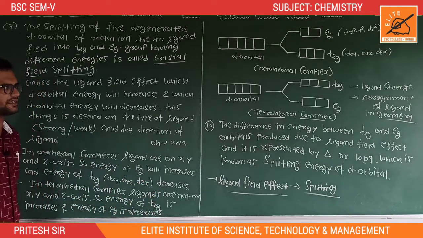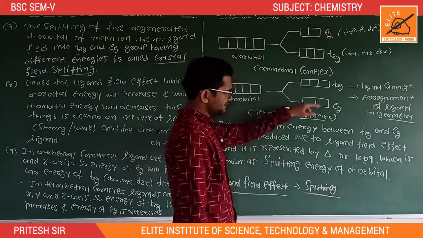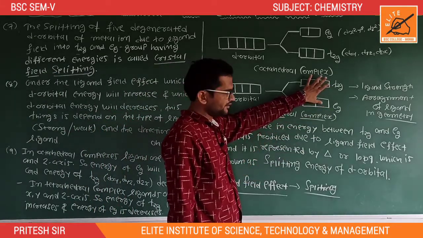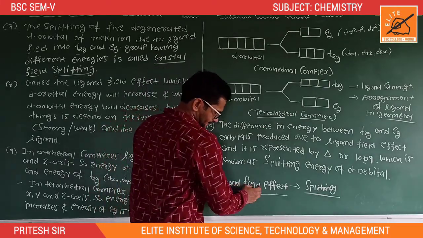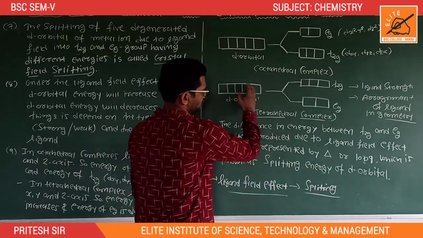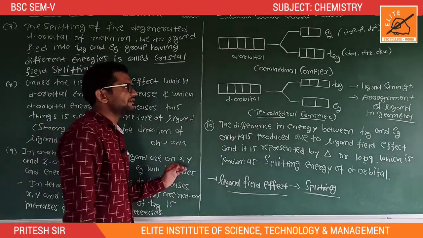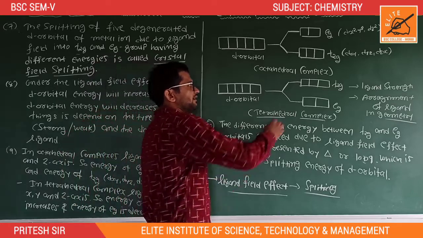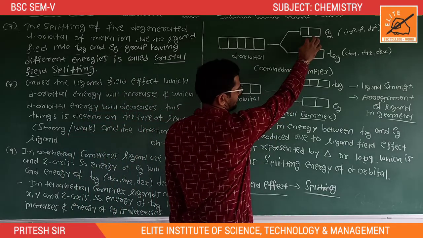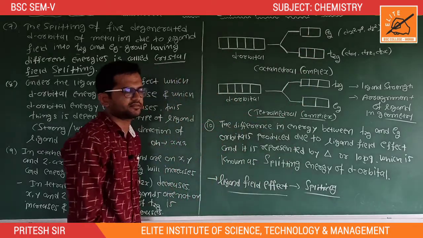Okay, so the change of energy of Eg and T2g occurs in the presence of the ligand field effect. The ligand field effect creates splitting of the d orbitals into two terms. In an octahedral complex all the ligands are on the axis, so the energy of the Eg orbital increases and the energy of the T2g orbital decreases.